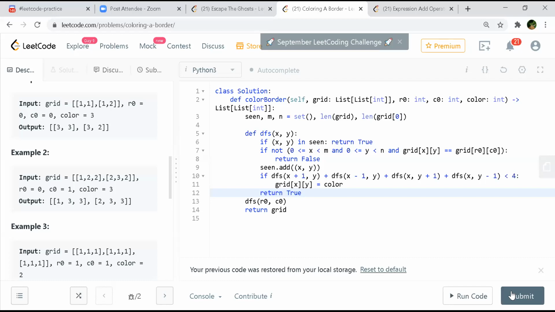So in this case, if all the neighbors were of different colors already, which means they are not a part of the same component, where are we handling that? If they are not of the same color, they don't belong to the same component. Actually, he is doing that at line 7.